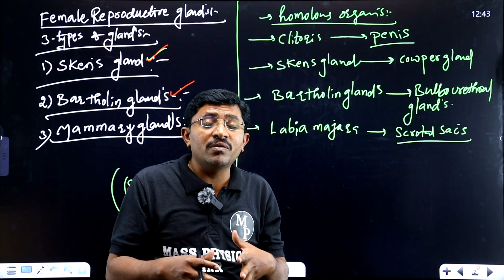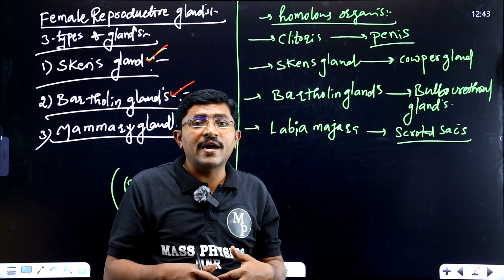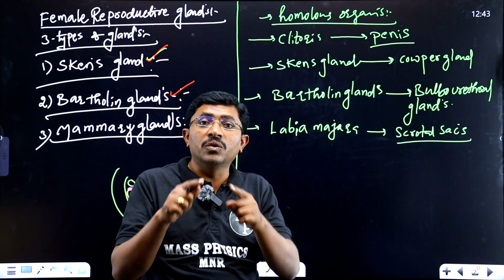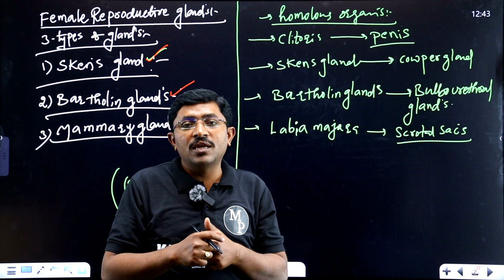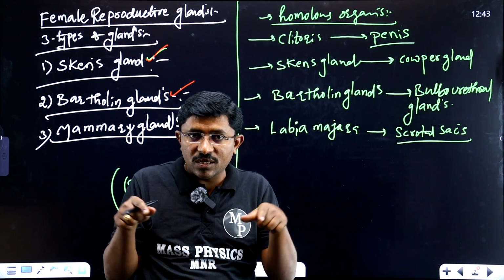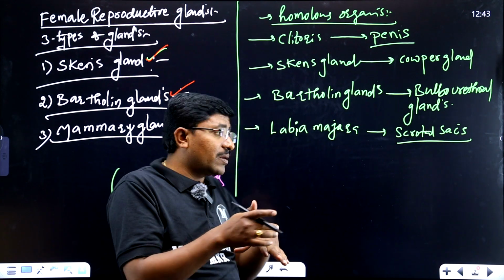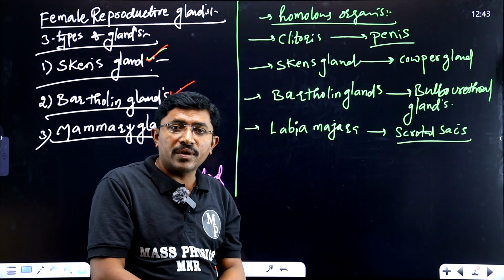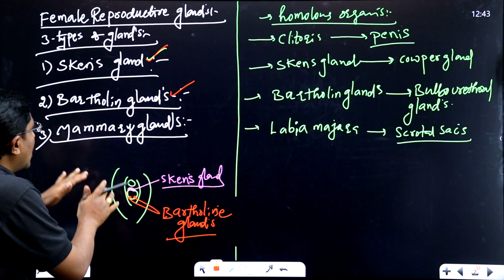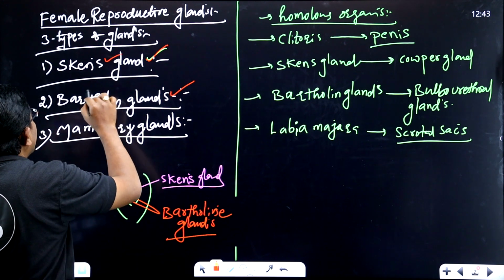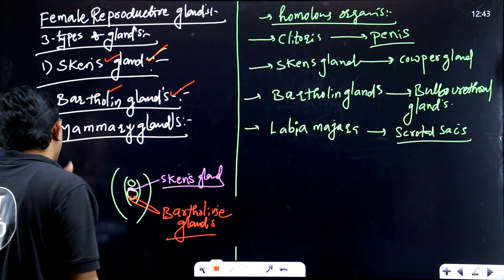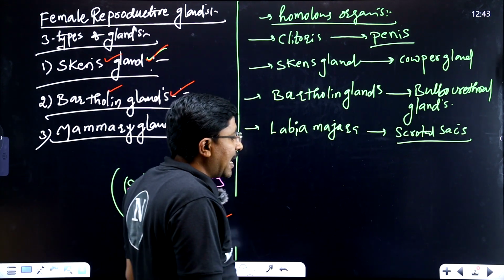But in human females, the Bartholin glands do not give smells, and just help in lubricating the vaginal orifice. The vaginal canal is always lubricated by the secretions of the Bartholin glands. Okay, so this is the function of the Skene's glands and Bartholin glands.